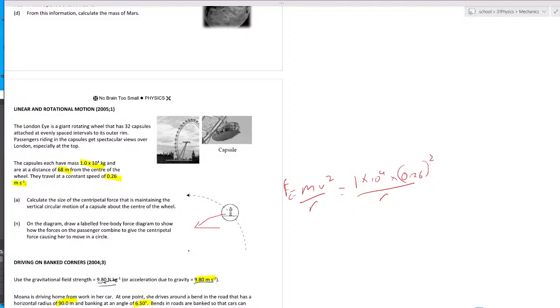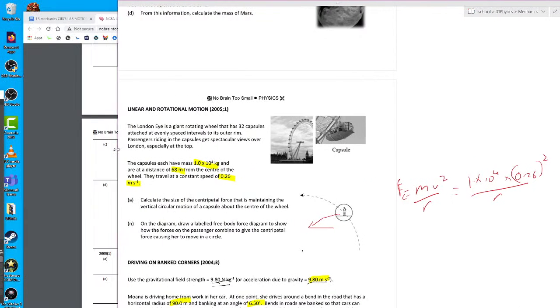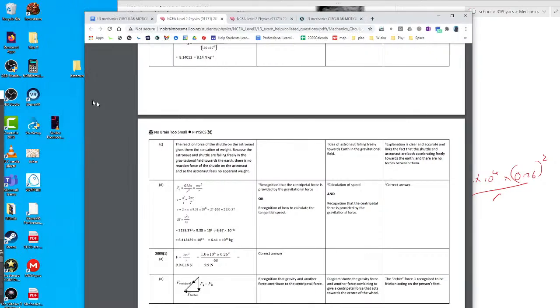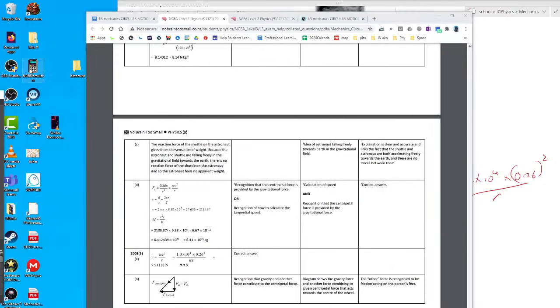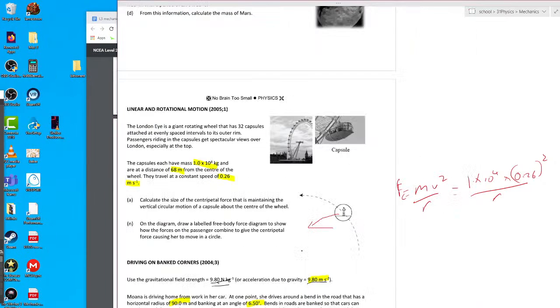Let's find our calculator. Where have I put it? Oh, my calculator disappeared somewhere. Aha, there we go.